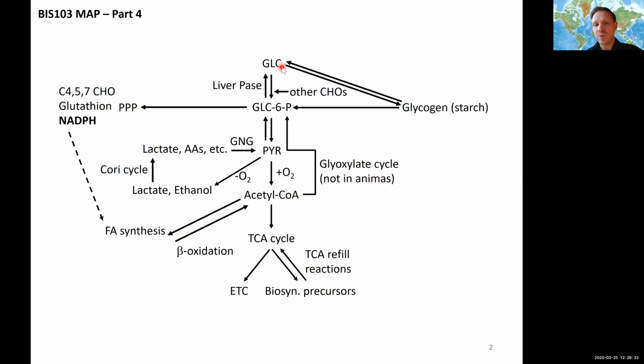Something we cannot do, but these organisms can do this to utilize lipid storage for the generation of sugars. So I hope this pathway overview at this stage will help you as we're moving into our electron transfer chain, as we're making ADP and moving forward in our course material. It really is meant to provide you with an overview of all the pathways that we have seen so far and how they're operating in context with each other.